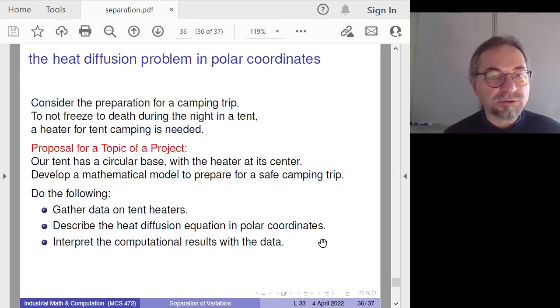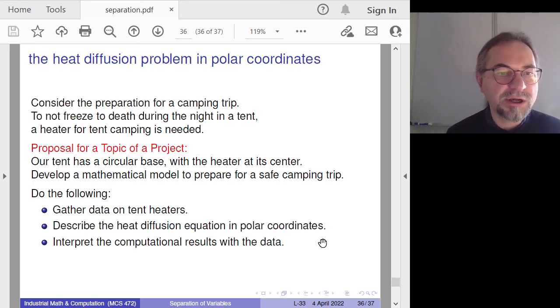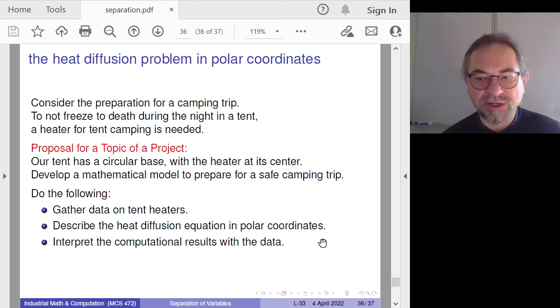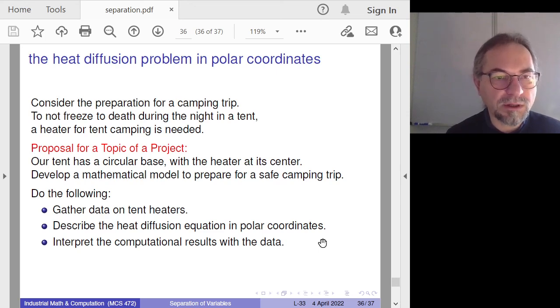So describe a model for this. What type of tent heaters are you using? There are tent heaters out there. Describe for which large tents what kind of tent heaters you should use. You can look at the specifications of these units, but the purpose is also to set up the model.